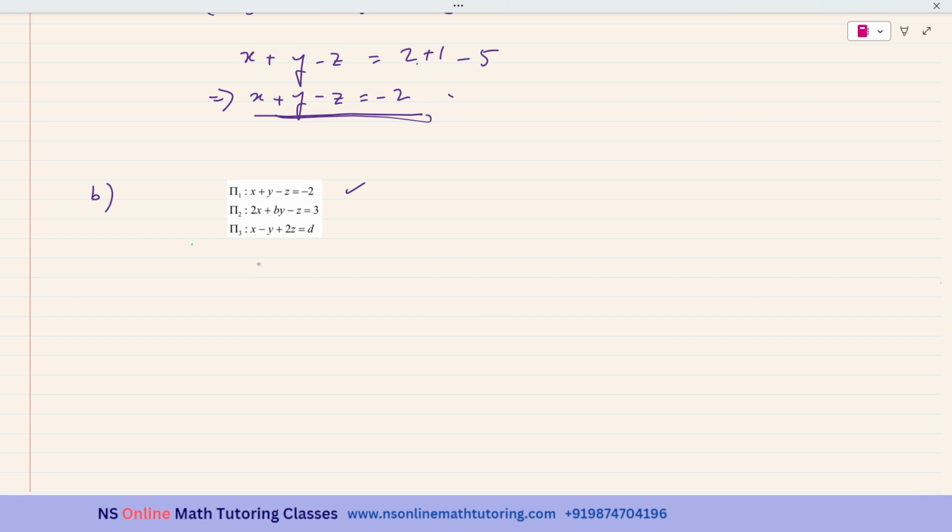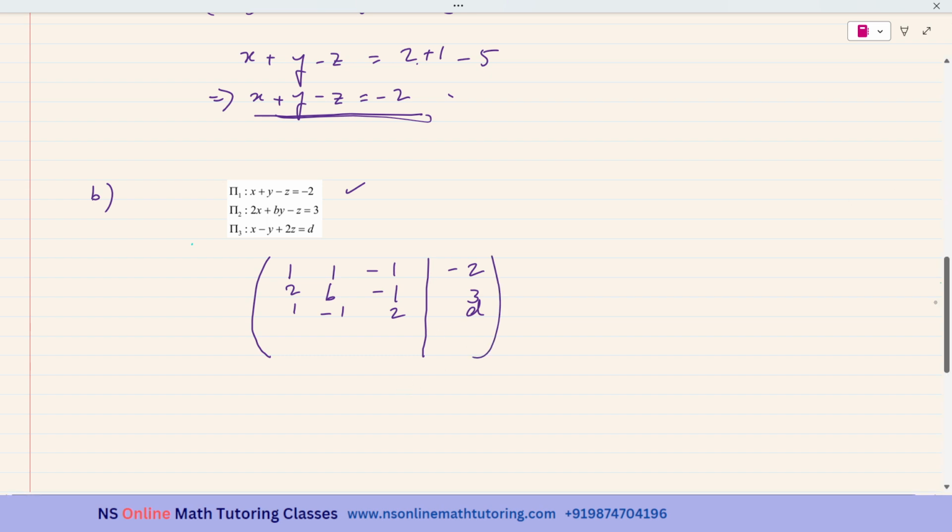So I am constructing the augmented matrix. 1, 1, minus 1, and minus 2. 2, b, minus 1, and 3. And okay, I could have left one line in between. Anyway, 1, minus 1, and 2, and d.